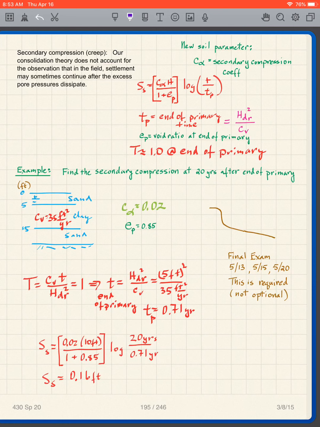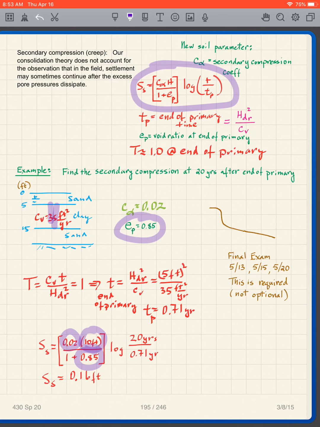So I simply use this expression now and plug it in, so my C alpha is 0.02, my H is, now it's H, not H sub DR, notice. H is 10 feet because that's the thickness of my clay. And my e sub p is 0.85, so it's 1.85.